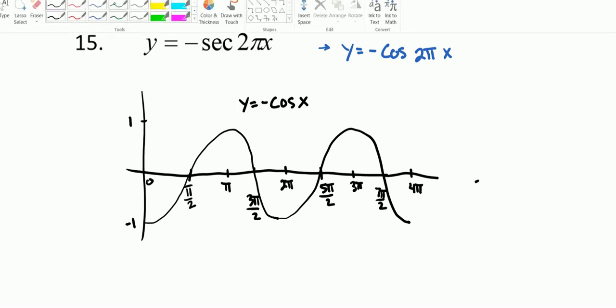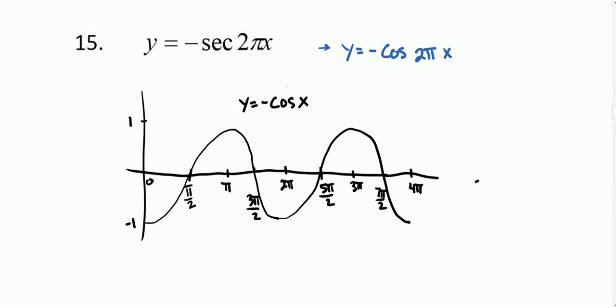Now I'm going to adjust this. Instead of y equals negative cosine x, I'm going to adjust it to y equals negative cosine 2 pi x by multiplying each of these by 1 over 2 pi, the reciprocal, or you can think of that as dividing by 2 pi. So if I multiply the first one by 1 over 2 pi, I get pi over 4 pi, which is 1/4.